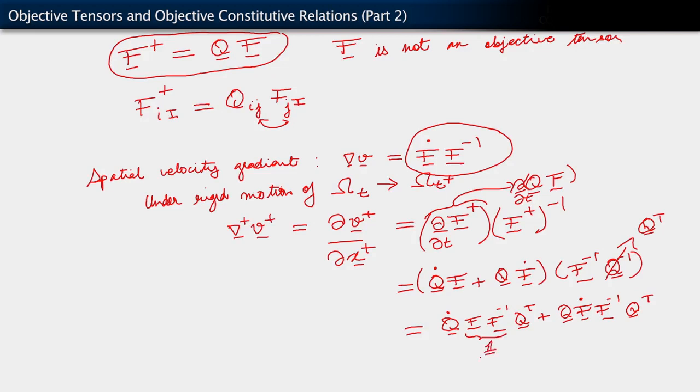When we put things together, what we see is that the transformation of the spatial velocity gradient tensor goes as Q dot Q transpose plus Q F dot F inverse Q transpose. And this is our original spatial velocity gradient tensor.